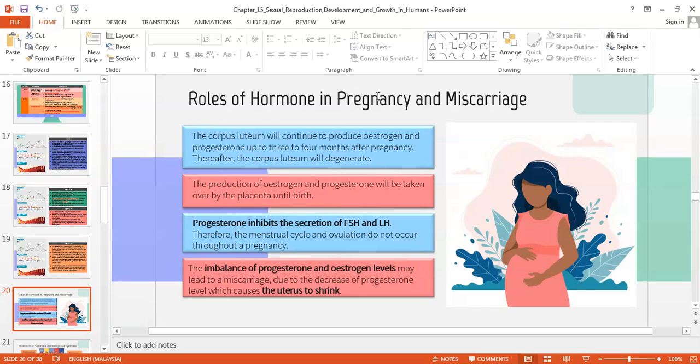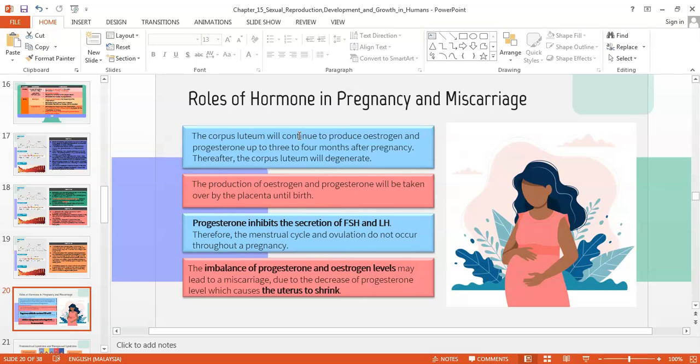Okay, this is the role of hormone in pregnancy and miscarriage. The corpus luteum will continue to produce estrogen and progesterone up to 3 to 4 months. And then the role of secreting estrogen and progesterone will be taken over by the placenta.